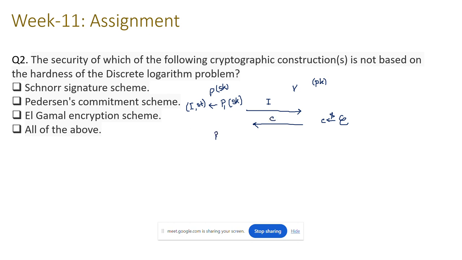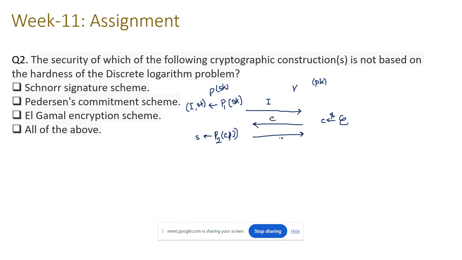Now the prover runs another algorithm, let's denote it as P2, and this takes C as the input.